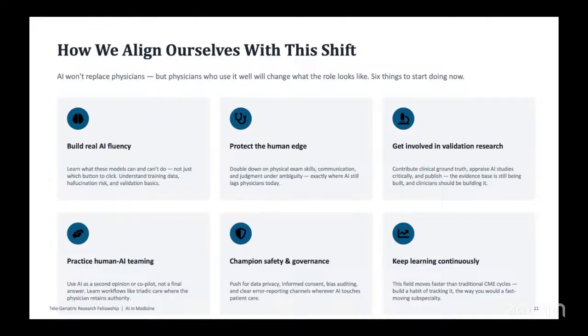Push actively for data privacy protection, informed consent processes, bias auditing, and clear error reporting channels wherever AI touches patient care in your own institution. And six, commit to continuous learning, because this field is moving faster than a traditional CME cycle, and treating it like a fast-evolving subspecialty rather than a one-time training module is the only way to keep pace.